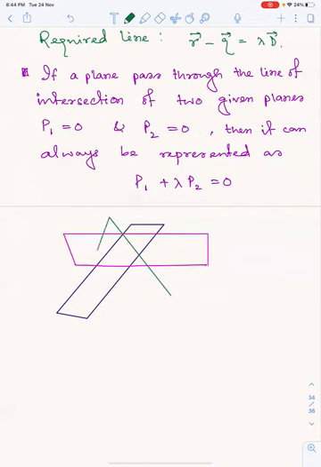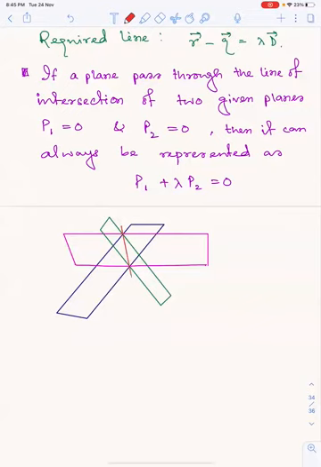It can be identified. So this green plane is passing through the line of intersection of the blue plane and the pink plane.